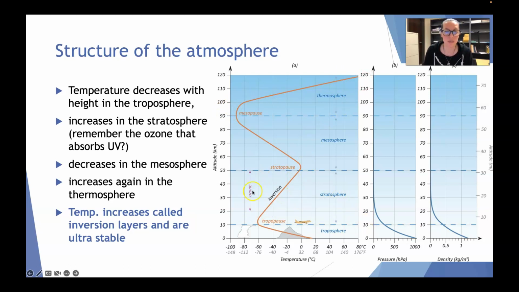This vocab word here, inversion, just means basically going upside down, right? These inversions keep the atmosphere extremely stable, and so it does not allow for any sort of mixing between the troposphere and the stratosphere. Or it takes a lot to go from one to the other.